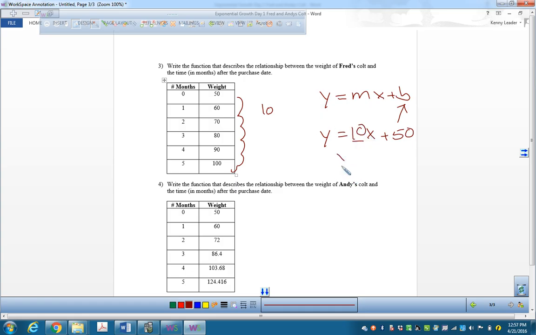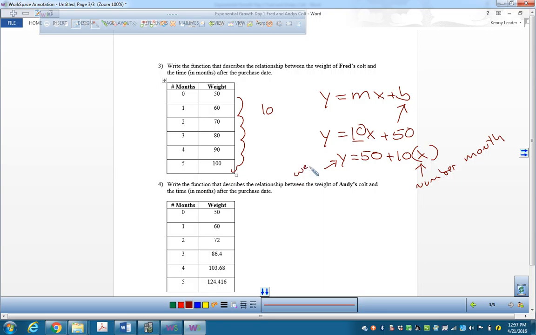Sometimes it's nicer to write this, even though it's not y equals mx plus b form, y equals 50 plus 10 times x, okay? Where x represents what? Number of months. Very good. And y is what?